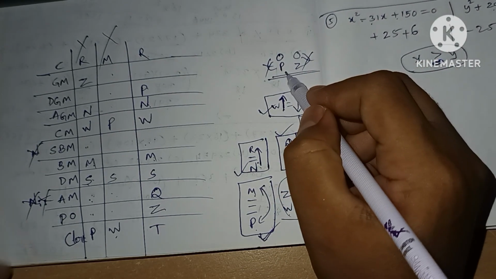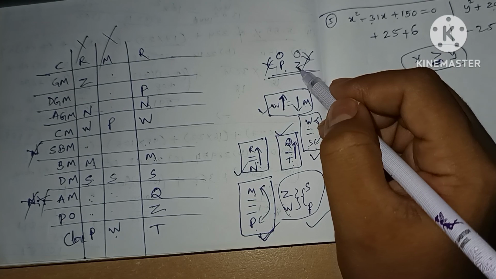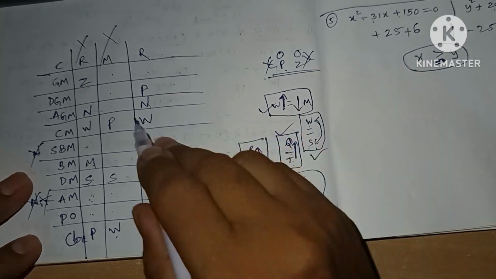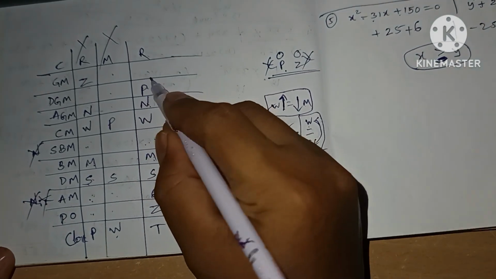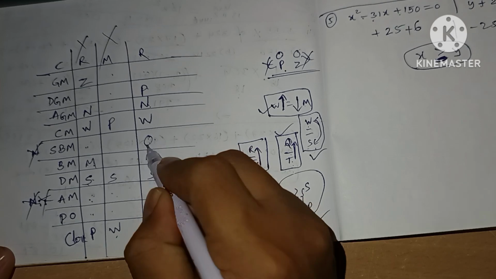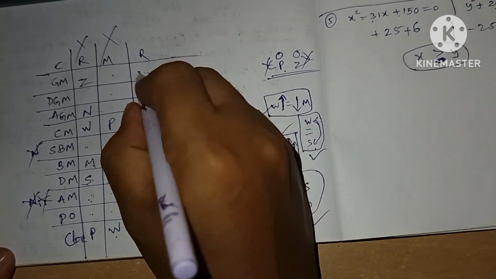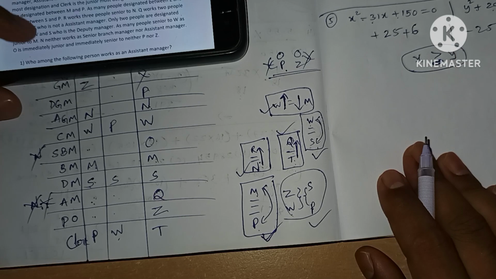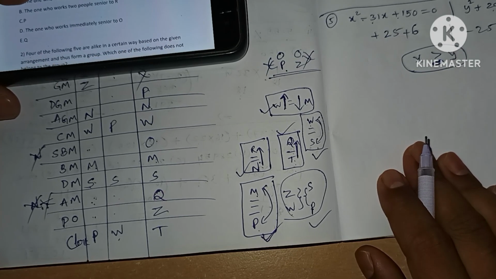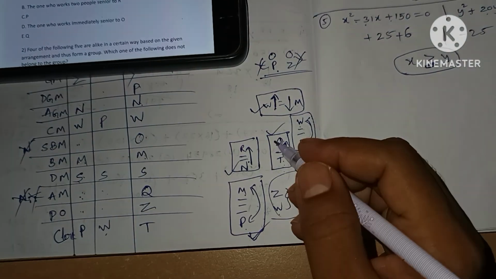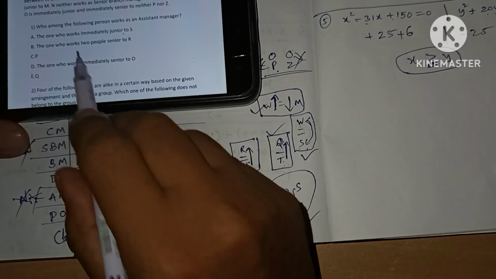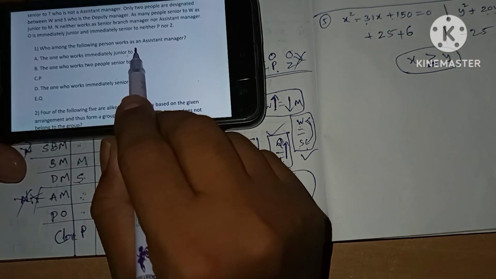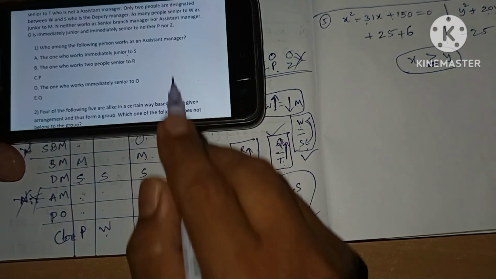O and P must not be adjacent, nor O and Z, so we cannot place O here, so this is the place for O. So we are left with only X here. So let's see the questions asked. Who among the following persons works as assistant manager?